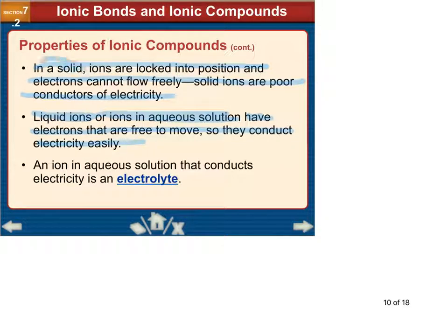So in the solid form, poor conductors. In the liquid form, or in the aqueous form, good conductors. And when we put ionic substances in solution, in water, we call that an electrolyte.